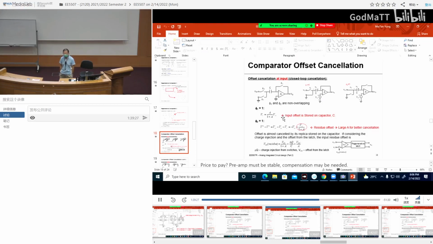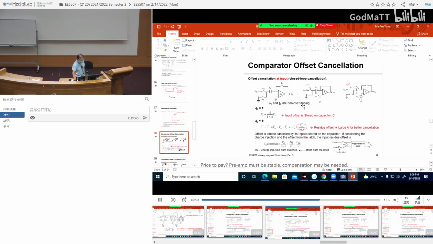VC will be the offset, right? A very big means A divided by 1 plus A is approximately A divided by A, which is 1. So you store the offset across the capacitor.